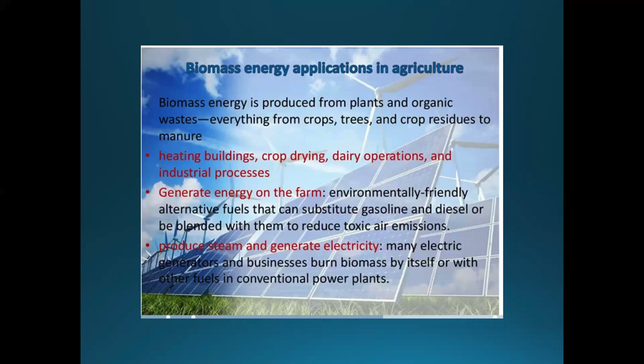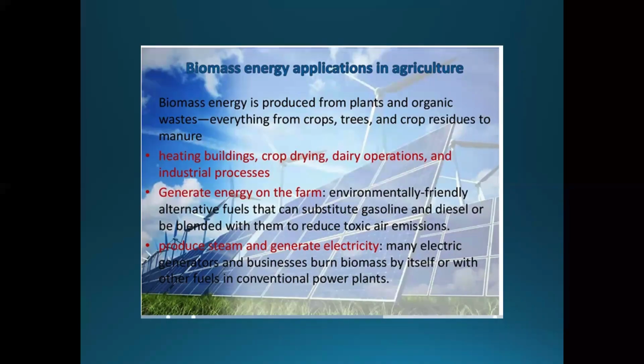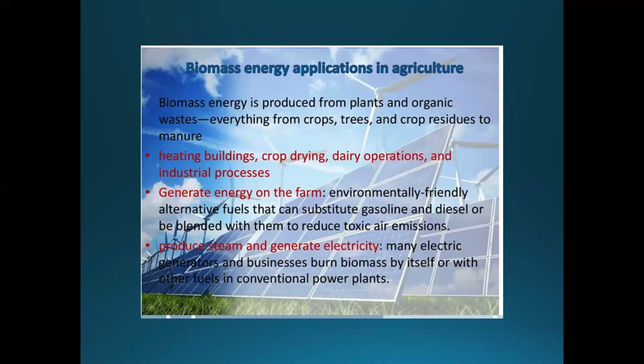Then biomass energy, as I told, after disintegration we get biogas. So what are its uses? Biogas is a combination of many gases, again you can note down. The major component of the biogas, you can note down, is methane. How much will be the percentage? It is 55 to 65 percentage.